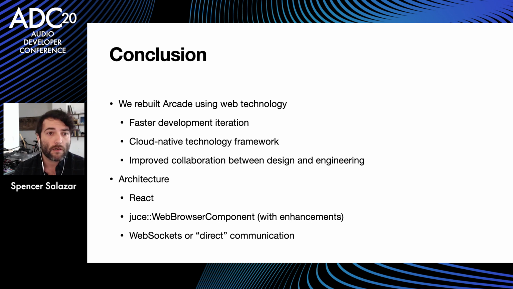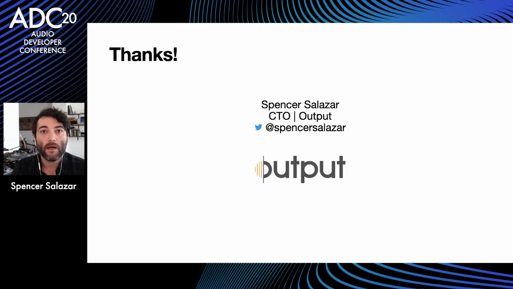The architecture itself is based on a React app running within a modified JUCE web browser component. We're able to communicate between the two layers using either WebSockets or a direct function call mechanism. So yeah, thank you very much. Happy to take any questions.